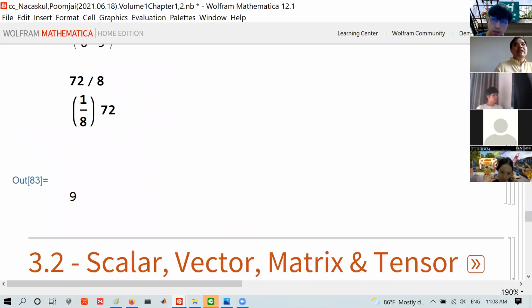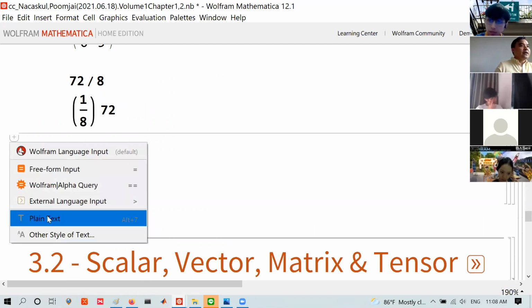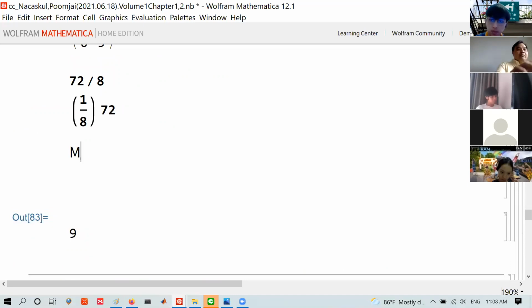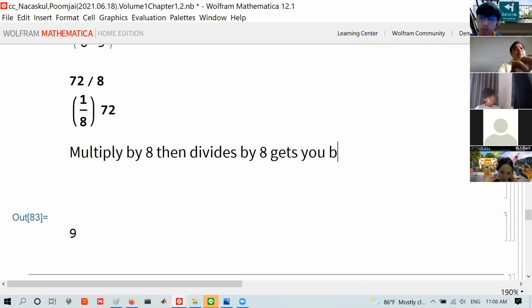But we do the overkill now because we want to generalize later. So in plain text: multiply by 8, then divide by 8 gets you back to the beginning, the original.